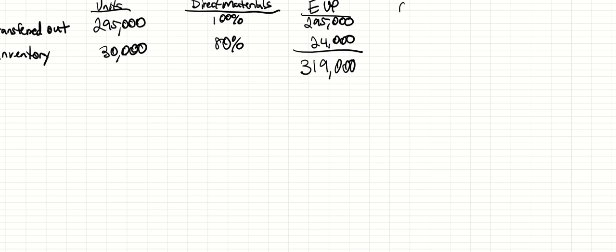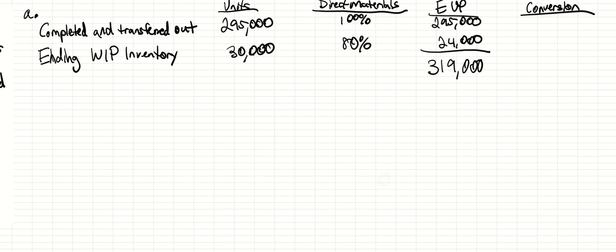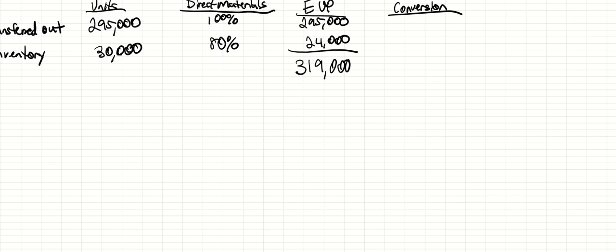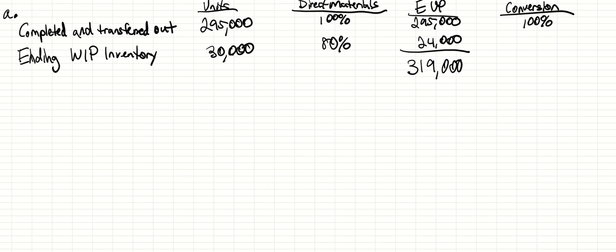And now we're going to go to conversion here. Okay, for conversion, same as direct materials, for the completed and transferred out units from one department to the next, 100% of the conversion is going to be applied to all of the units. So 100% of the units that are completed and transferred out from department A to department B, from forming to painting.